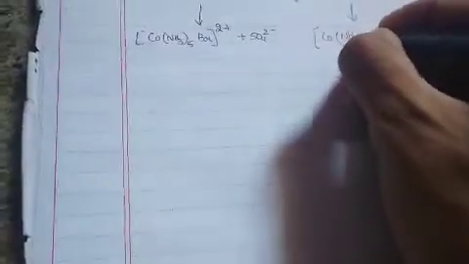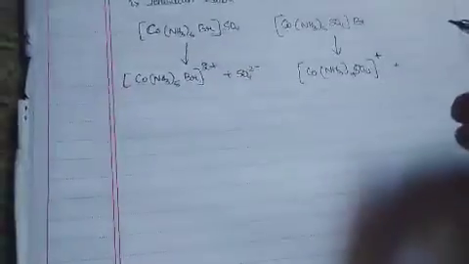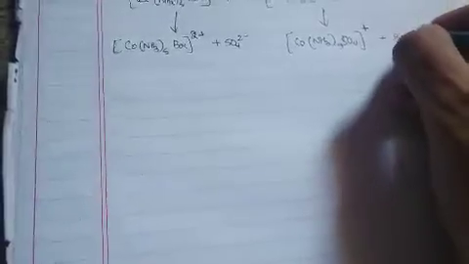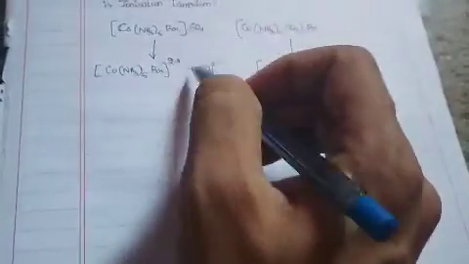But the other complex will give you [Co(NH3)5SO4]+ plus Br minus. You can just see that. So whenever these complexes are dissolved in water, we are getting the respective ions.